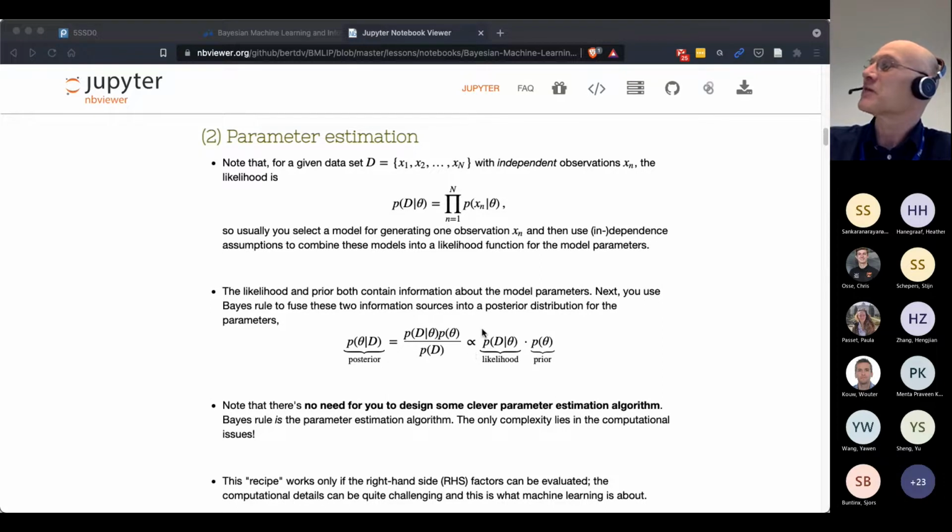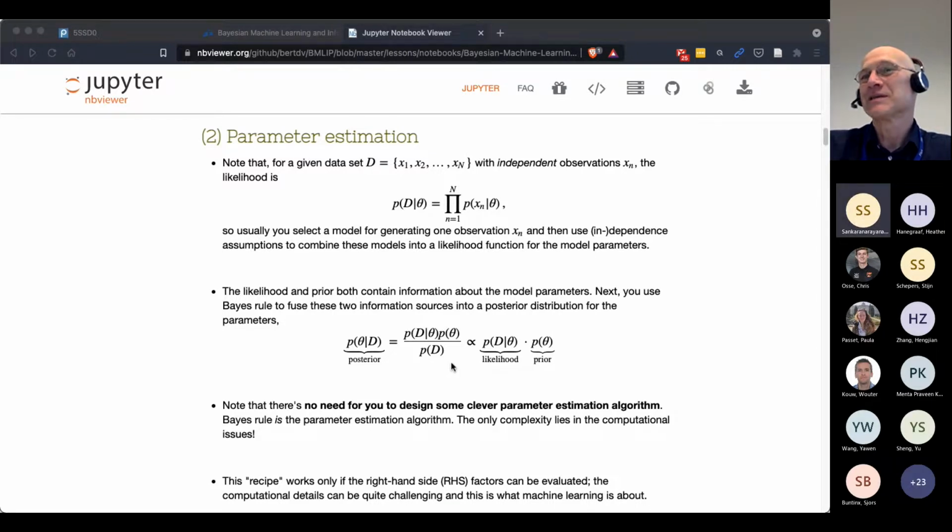Particularly if theta has just a discrete alphabet, then you just multiply these two, and afterwards you sum over all values of theta and divide, so that you are sure that it integrates to 1 or sums to 1. So this is the correct formula, but since P of D is not really a function of theta, sometimes you don't care about it. Sometimes.